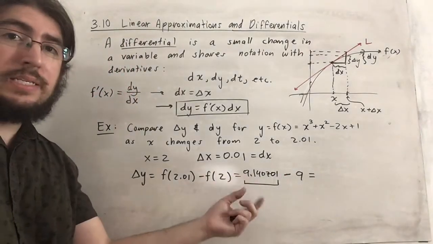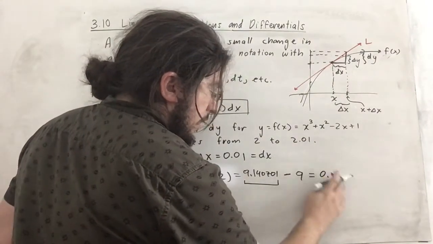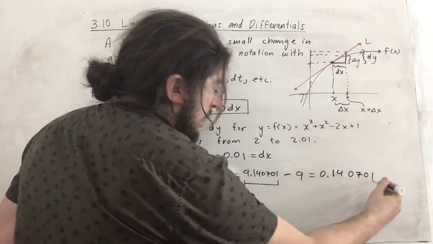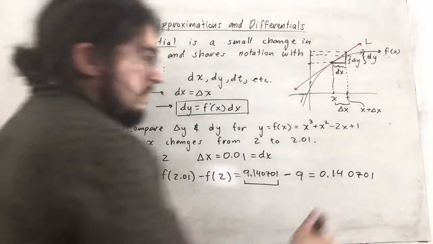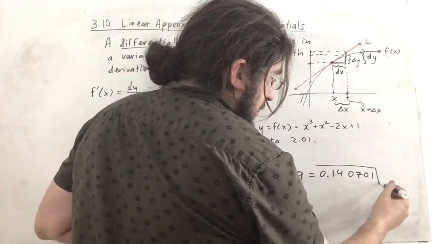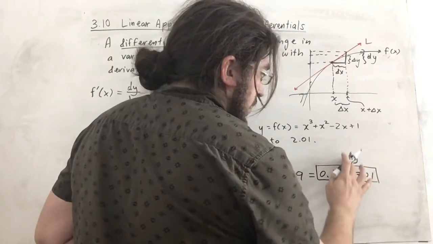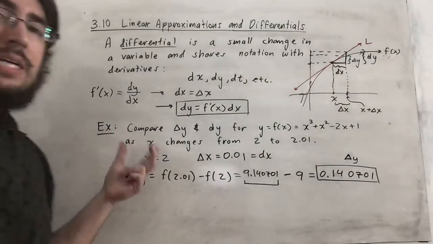If you subtract these, it just loses the 9 in front and you get 0.140701. And like I said, it should be kind of small. So this is our delta y value. Let me box this and label it as delta y, not dy, delta y. Good, we're asked to compare these two.